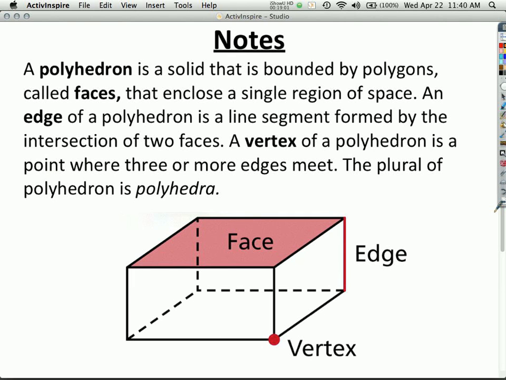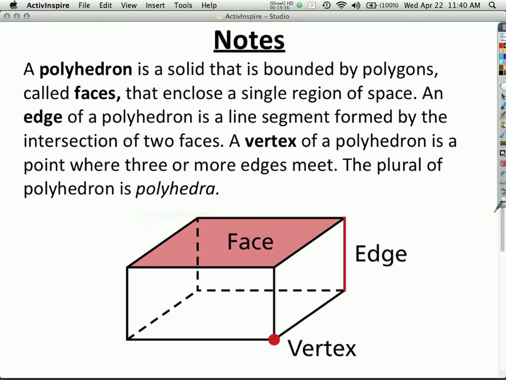First of all, another new term, polyhedron. A polyhedron is a three-dimensional figure, a three-dimensional shape, a solid that's made up of polygons. We're going to have solids that are not made up of polygons, but today we're going to explore almost exclusively polyhedra. Each face, each side of the polyhedron, is called a face. When the faces meet, they meet at an edge.